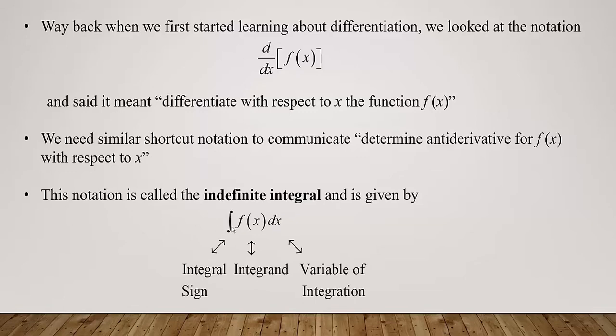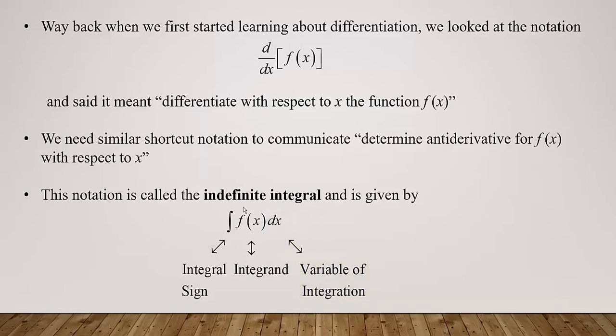So let's take it a step at a time. This thing here looks like an elongated S. It looks like someone took an S and grabbed each end of it and stretched it out. That's called the integral sign. F of x is called the integrand. And dx, you remember dx, that's our differential, but dx is telling us the variable of integration.